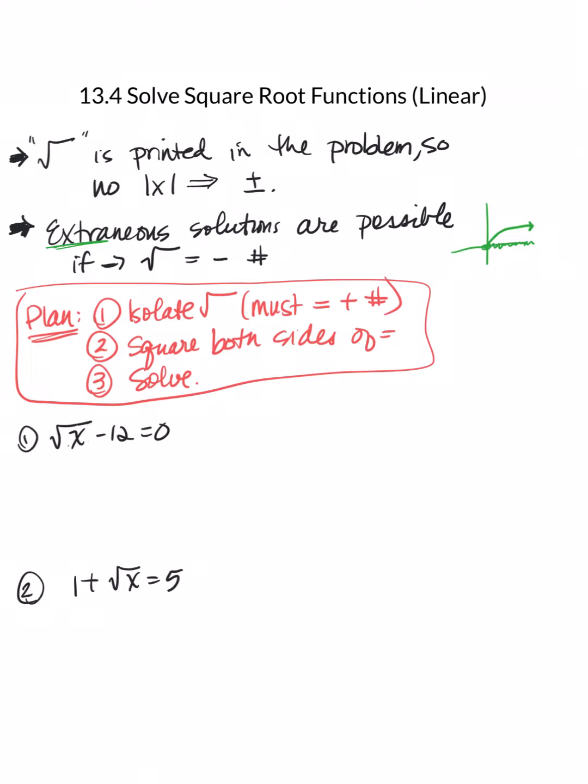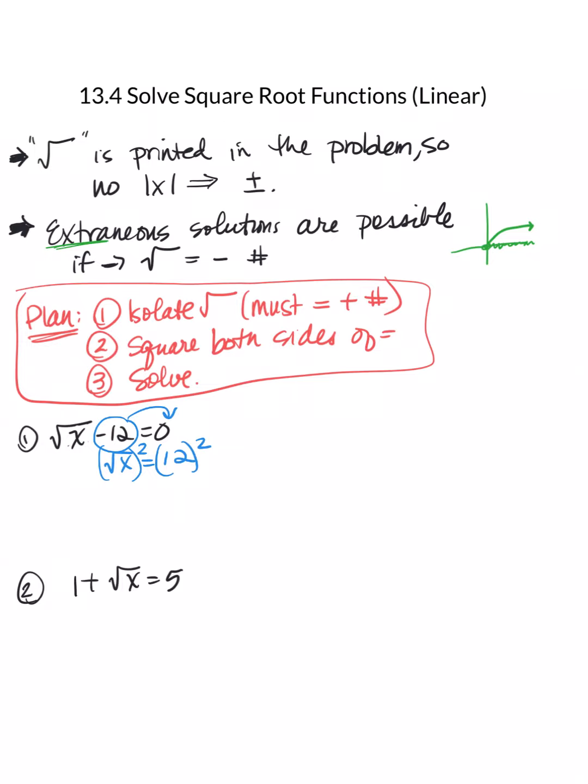Look at number 1. Square root of x minus 12 equals 0. I need to isolate the square root, so I need to move this negative 12 over by adding it to the right. When I do that, I get the square root of x equals 12. Now I'm on step 2, where it says square both sides. What you do to one side, you have to do to the other, right?